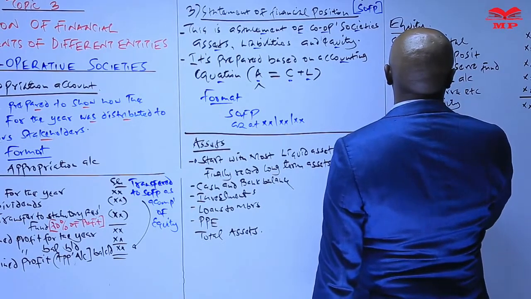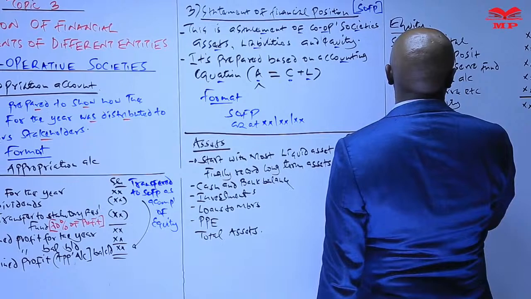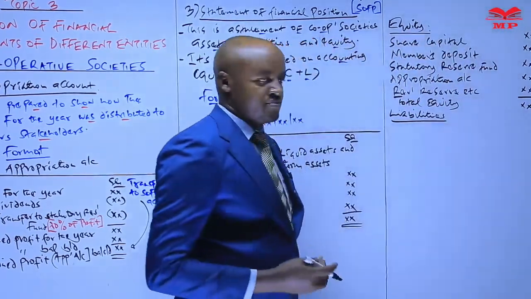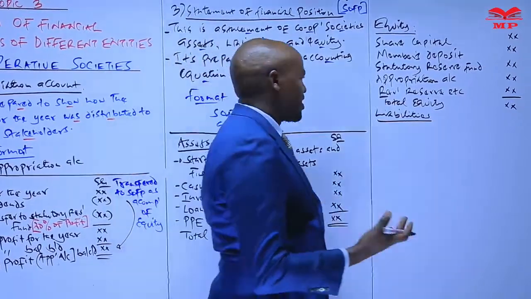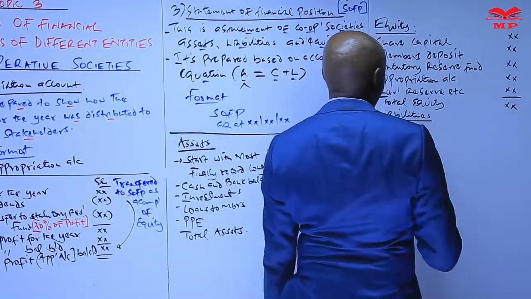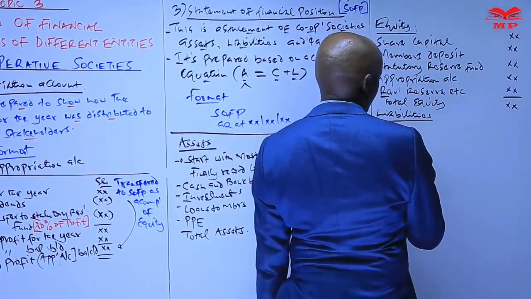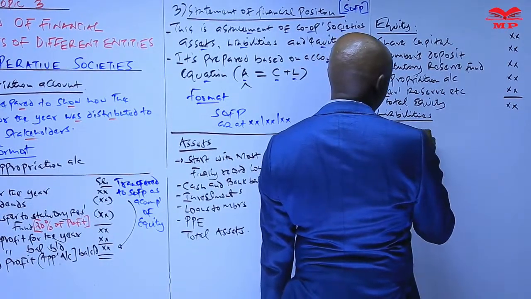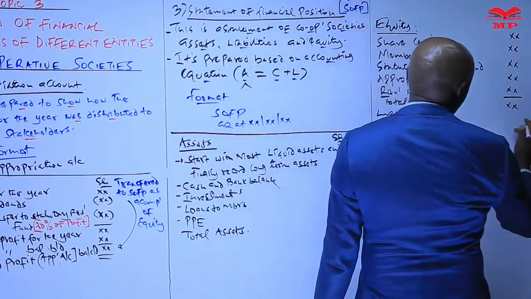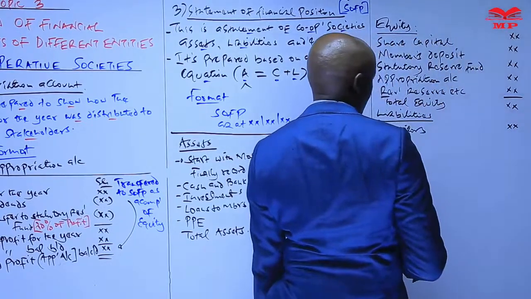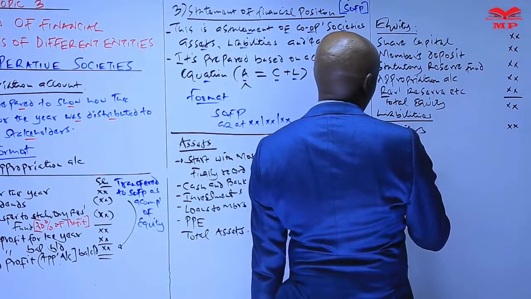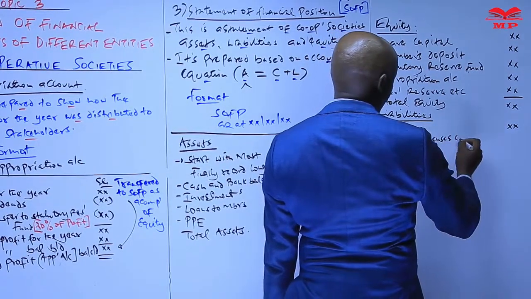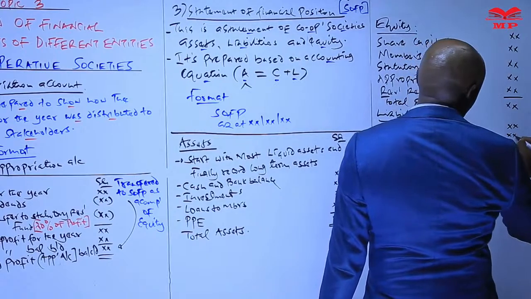And finally record liabilities. Equally here, when recording the liabilities of a cooperative society, there is no need of classifying them into non-current and also what? Current. You just record all the liabilities here, which include things like creditors, the amount of money which is owed to the creditors, any accrued expense, etc. Yes.